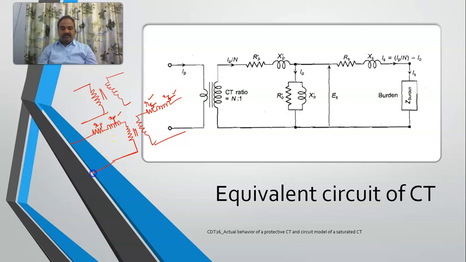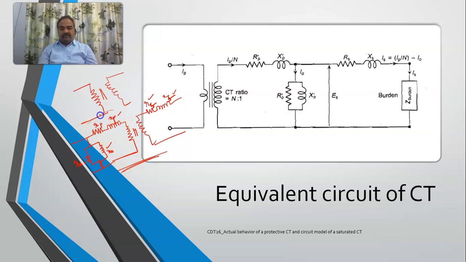And apart from that, there will be a magnetization and loss representation. These are the magnetic losses representation. One indicates magnetization, the other one indicates loss, the core loss. I'll represent them as R0 and X0. This is the actual equivalent circuit of a transformer.